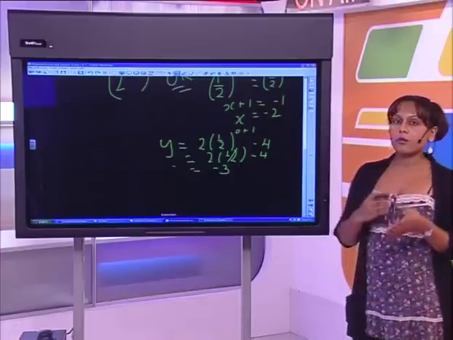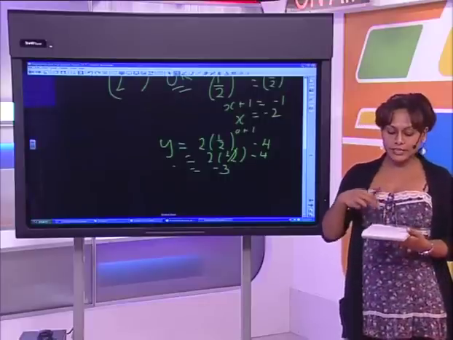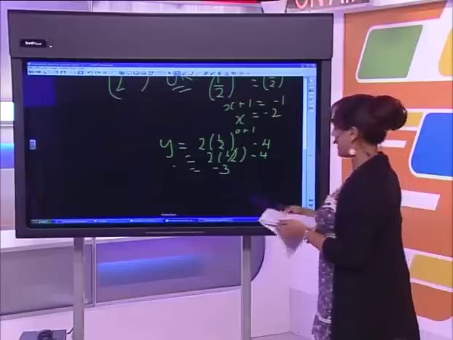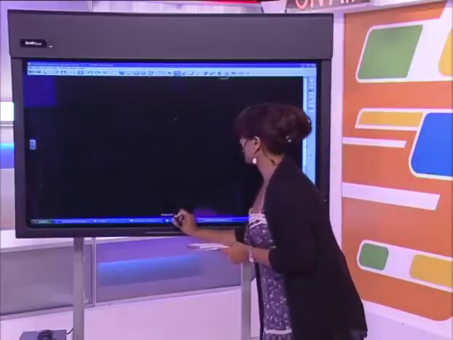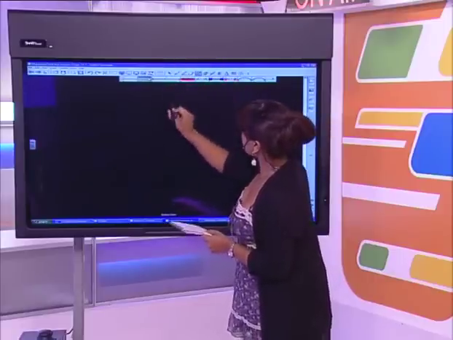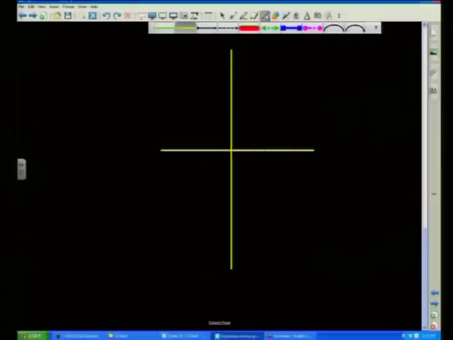Okay, so are we ready to sketch it? I hope that all of you are saying, yes, we are ready to sketch it, and you have your drawing at home. This is what it's going to look like. So we put down the axes, and then we're going to put down our asymptote.